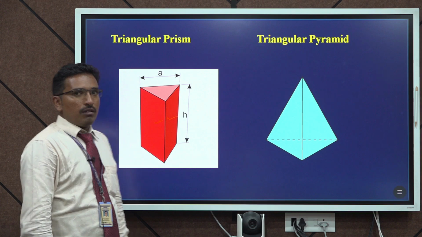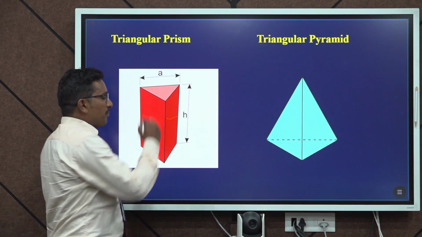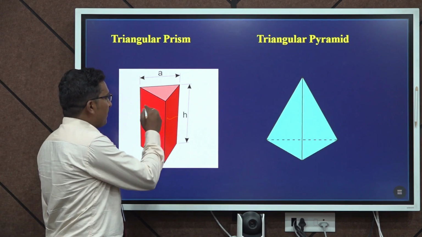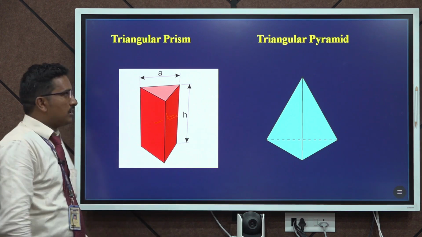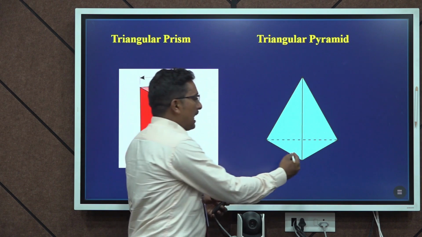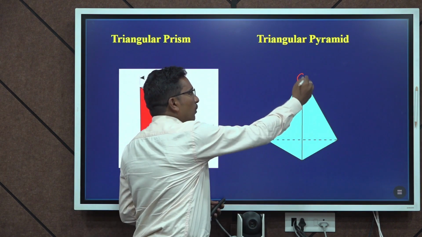Triangular prism. In a triangular prism, both bottom and top have triangular shapes and the remaining faces have rectangular shapes. Similarly, a triangular pyramid has a triangular face at the bottom and the top has only one apex point.